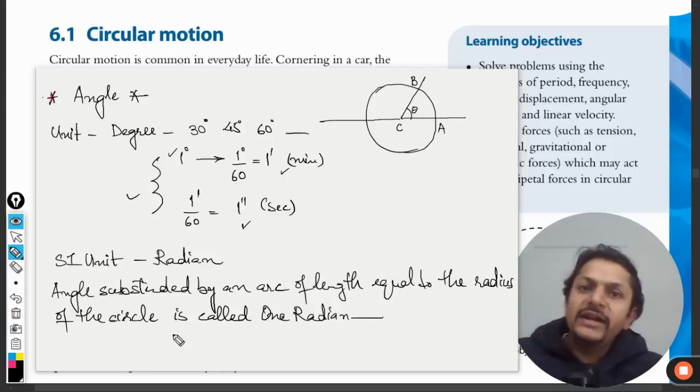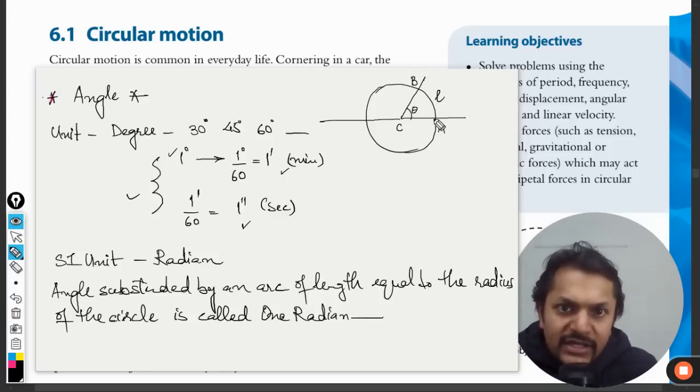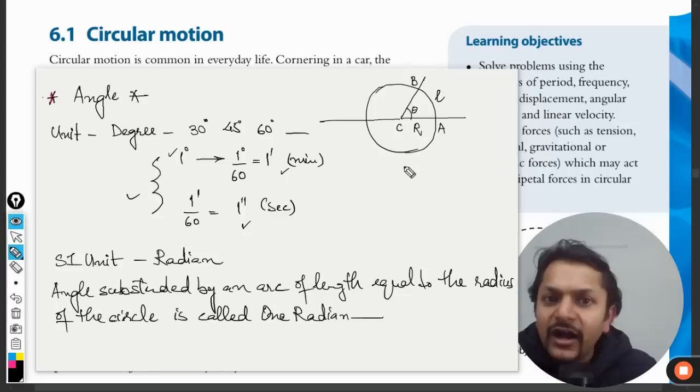That is called 1 radian. So this length, let us say this length is L, AB, and if this AB comes out to be equal to AC, that is the radius R, I will say that this theta is equal to 1 radian.